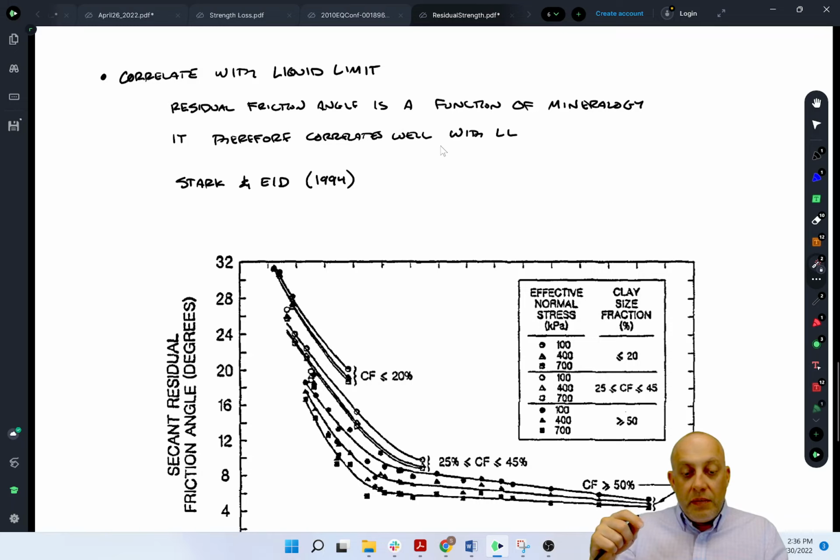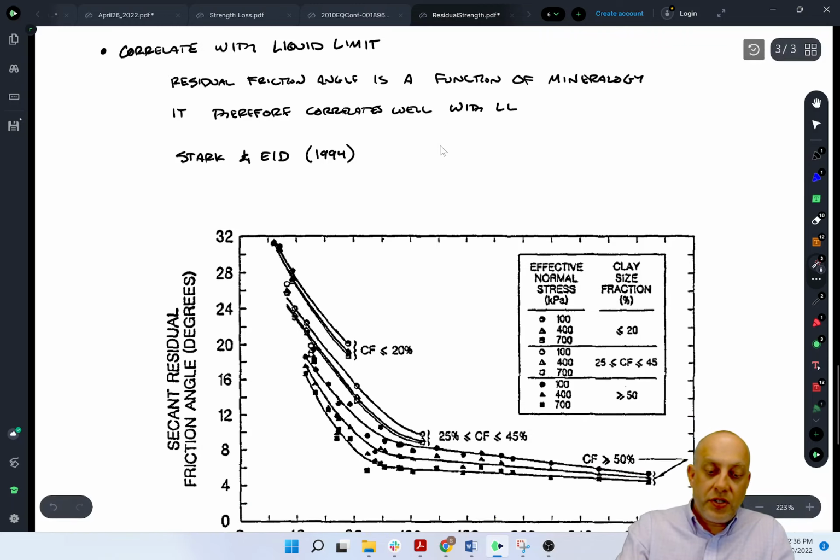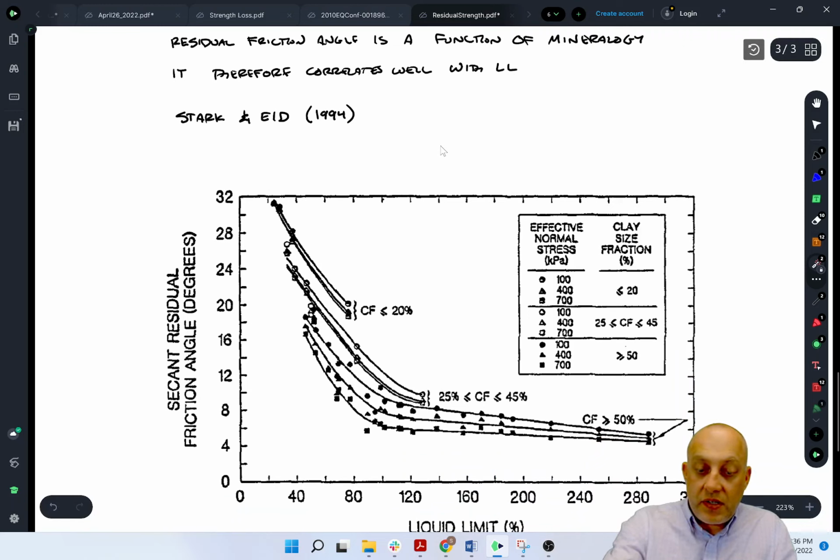So anyway, it correlates very well with liquid limit, right? You don't need an undisturbed sample. It's not like we're looking at peak strength or something like that. You could think of it as an index property, just like liquid limit is an index property. So a lot of the time, people don't even do the laboratory testing. They'll use a relationship like the one shown here by Tim Stark and Ide, 1994.